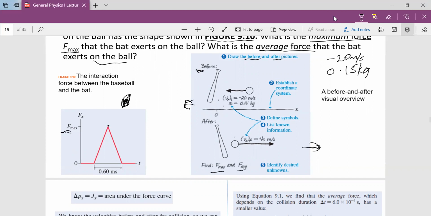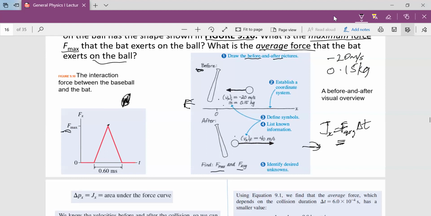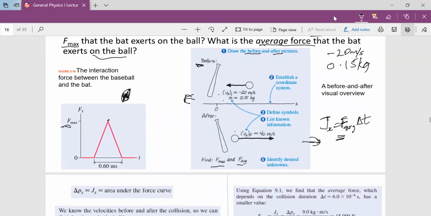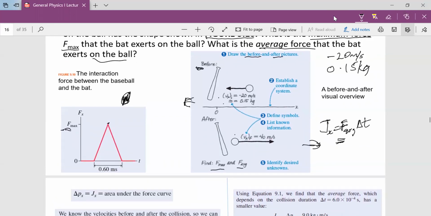And we remember in our last class when we talked about average force, that your impulse is equal to the average force times the change in t, okay? But if you look at this equation, we will have two unknowns, all right? So it means we're going to use another definition of impulse to get our values.